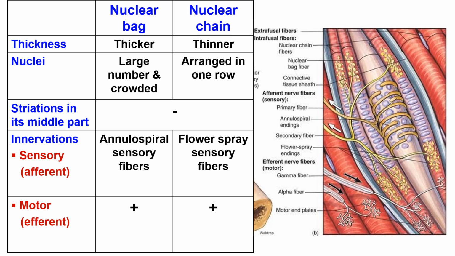The nuclear bag has annulospiral, whereas the nuclear chain has flower spray sensory fibers. Both have motor fibers necessary for the movement of the intrafusal muscle fibers. So these are the differences between the two types.